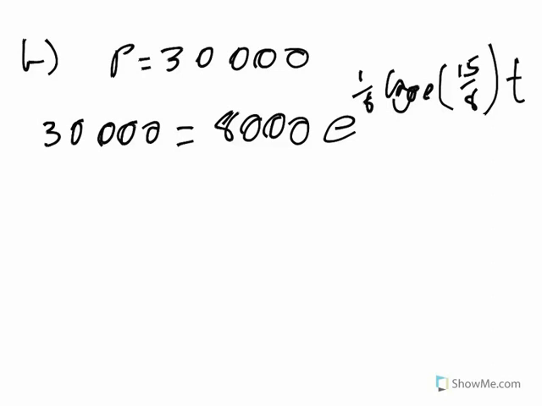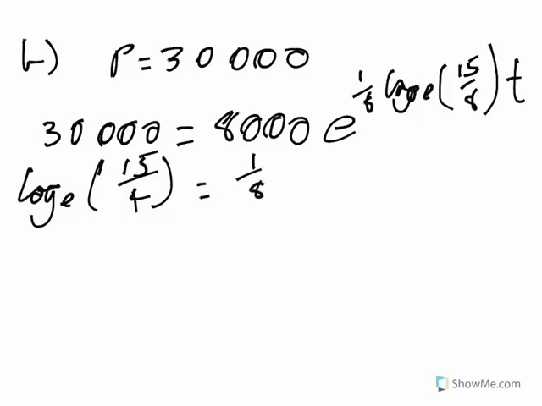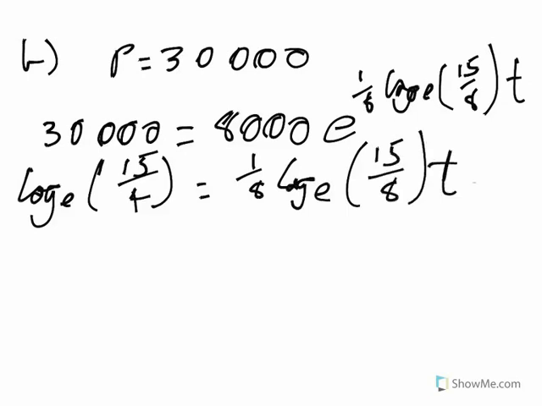Divide by 8,000, do some cancelling of zeros, because 2 goes into 30 and into 8, and then take the log to the base e of both sides at the same time. When I do that, I'll get log to the base e of 15 on 4 equals 1/8 log to the base e of 15 on 8 t.